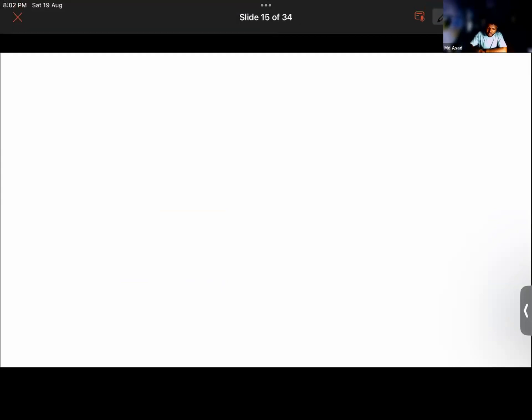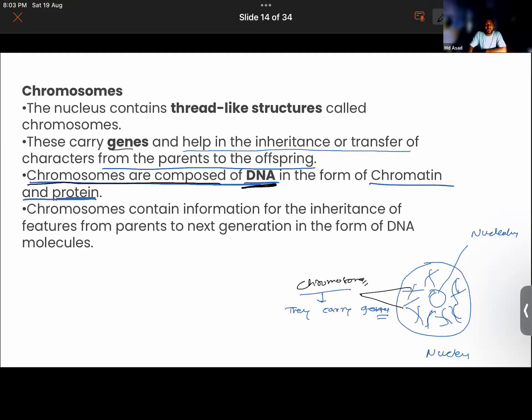Further we said that this chromosome consists of hereditary information in the form of genes. What does it say? The chromosome contains information for the inheritance of features from parents to next generation in the form of DNA molecules. So the information lies inside the DNA.